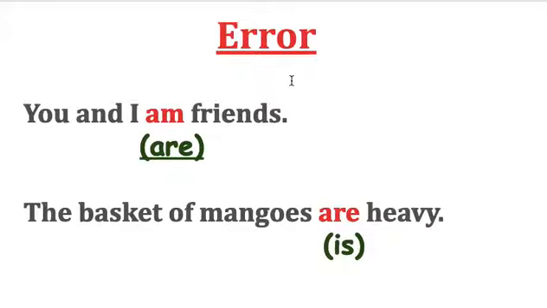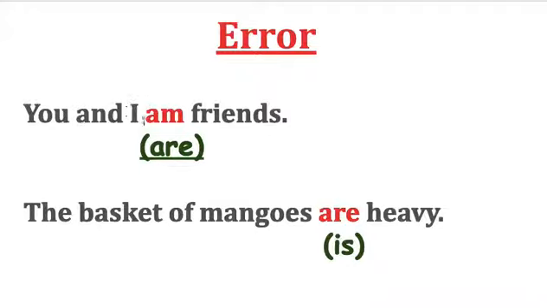Now we tend to make errors which seem to be very correct while dealing with a given sentence, but eventually we realize that no, our assumption was absolutely incorrect. So to make it correct, let us understand these two examples. Here, you and I am friends.